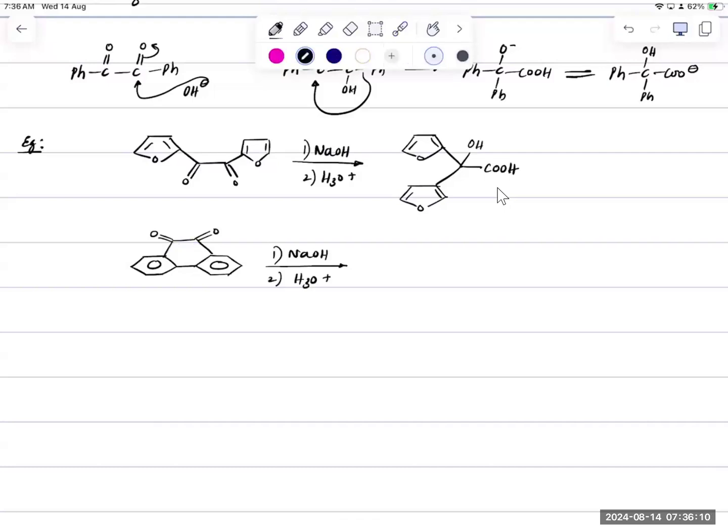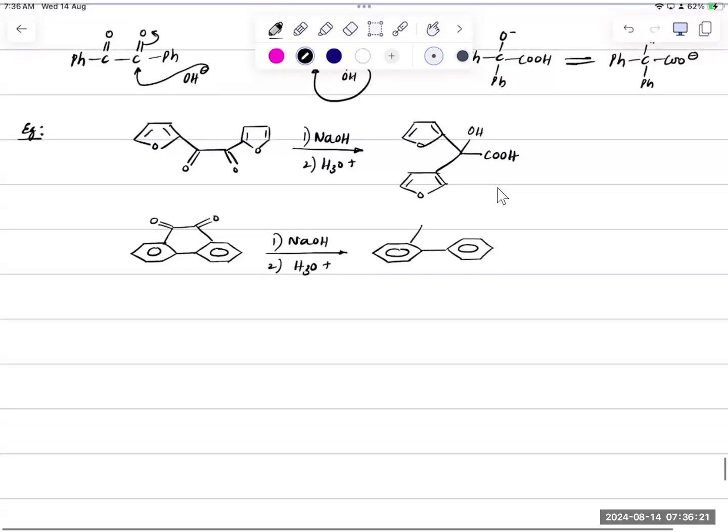So that 6-member ring will become a 5-member ring here, like this, with one carbon having OH and the other carbon becoming COOH. So this is the final product which is formed.